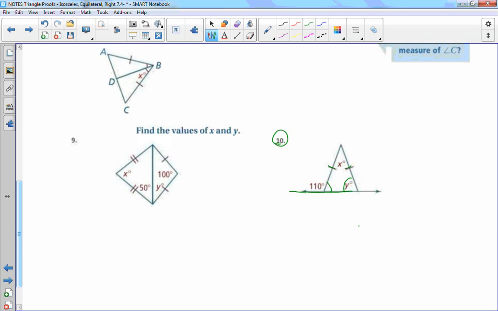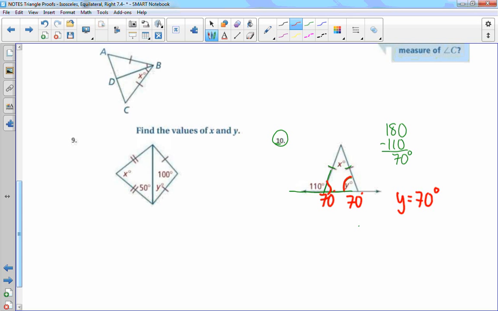Yeah, these two right here are supplementary angles, and they make a linear pair. So we do 180 minus 110, which tells you that bottom left angle, base angle of the triangle, is 70 degrees. And by our isosceles base angle theorem, this angle on the bottom right is also 70 degrees. So we know y is 70 degrees.